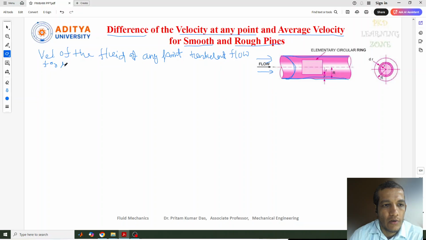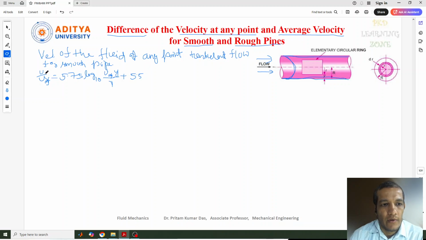Turbulent flow, for a smooth pipe. Now let me write this equation. We got u by u star equal to 5.75 log 10 of u star y by nu plus 5.5.